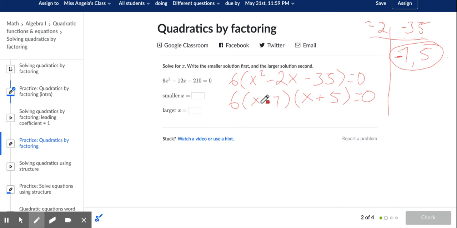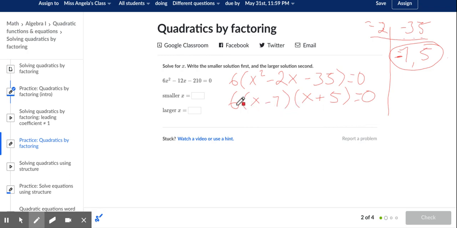Now, when I'm splitting this off and setting each of these equal to 0, I can ignore the 6 because it doesn't have a variable with it. I have 3 things multiplied together, so I could set it into 3 equations, but one of those equations would be 6 equals 0. That never happens.